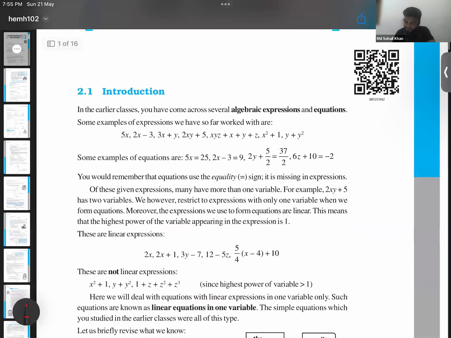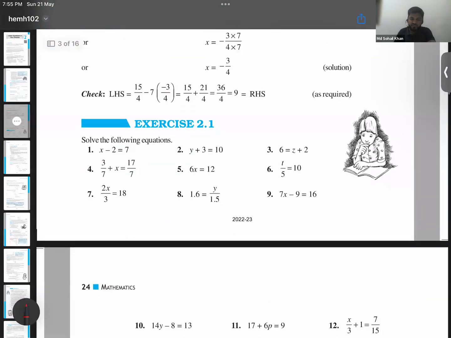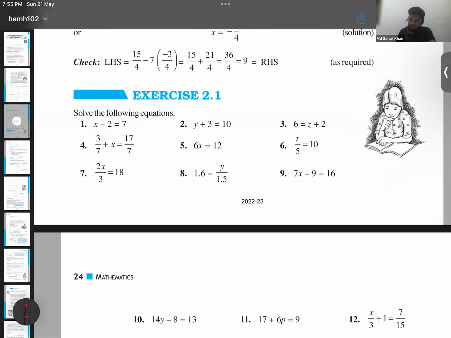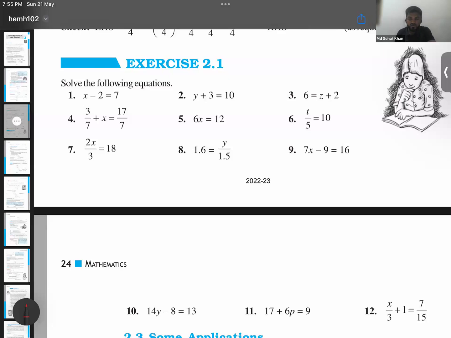Has this exercise been completed in your class? Yes, sir. Okay, so it must be easy for you to solve this question then.